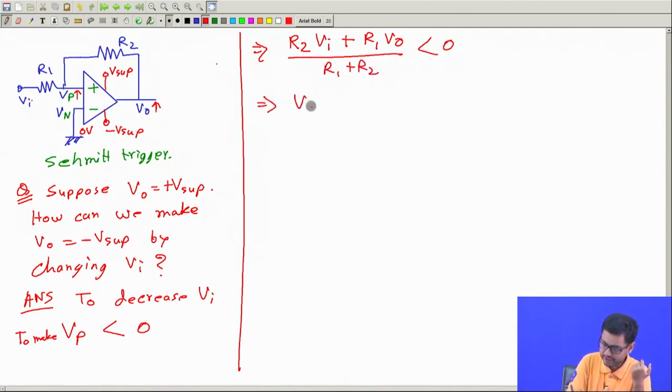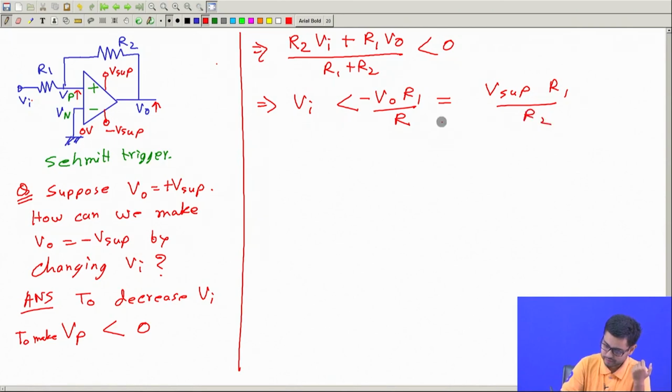From this you can write Vi less than minus Vo R1 by R2, and let's put the current value of Vo. So we have to bring it down, V supply R1 by R2. Okay, so this is the boundary condition.